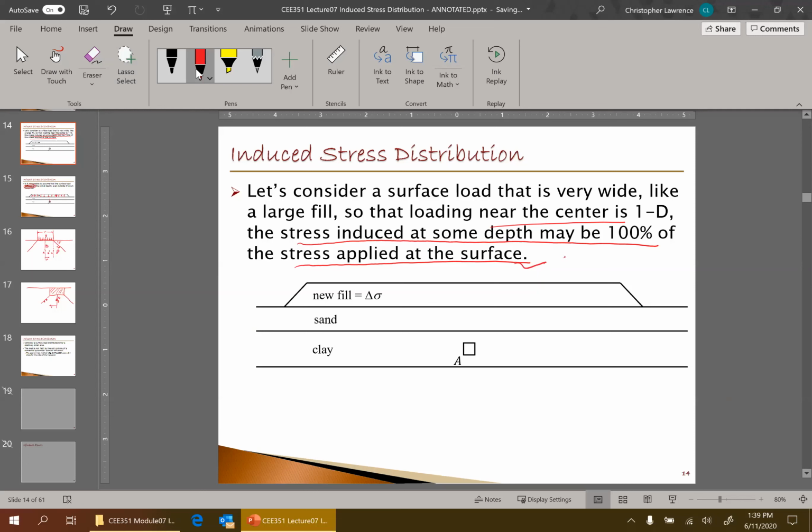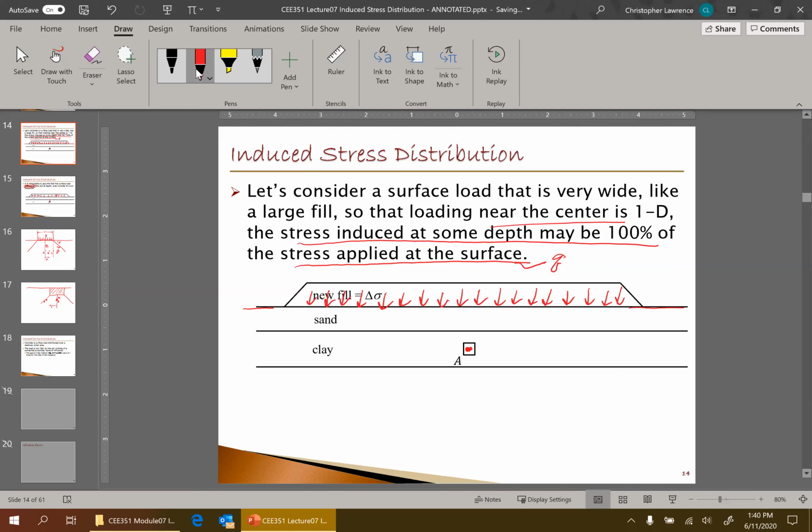That's what we call Q. So the original ground surface at the top of this sand layer, and then we now have this new fill causing this new stress on the original ground surface. We'll call that Q. That is not the stress at A, but it causes some influence. It causes some change at point A.